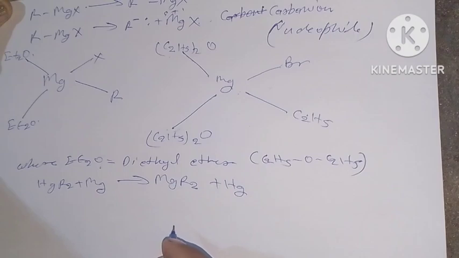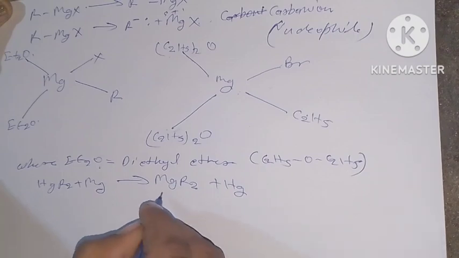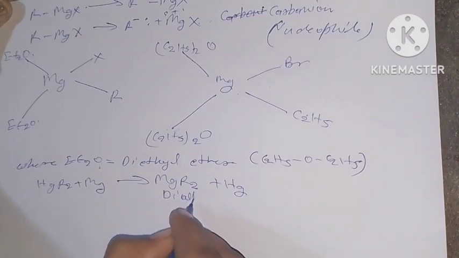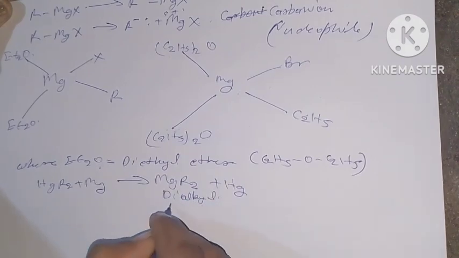This is the mercury compound, and this is the dialkyl magnesium.